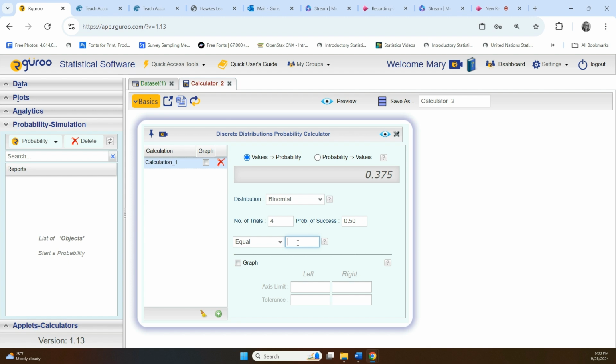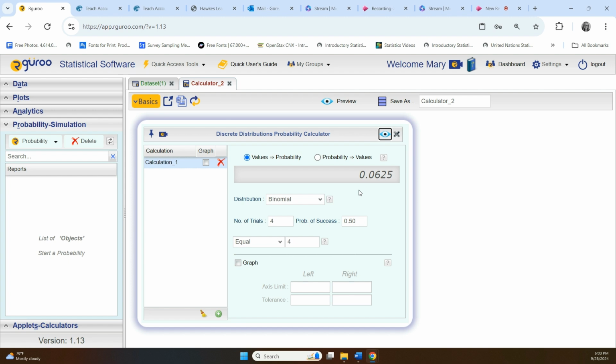Change it to 3. Goes back down to 0.25. And then finally, all 4 of the flips return a head. Don't think this is going to be a very high probability. Doesn't seem quite likely that would happen. And you can see it goes back down to 0.0625.